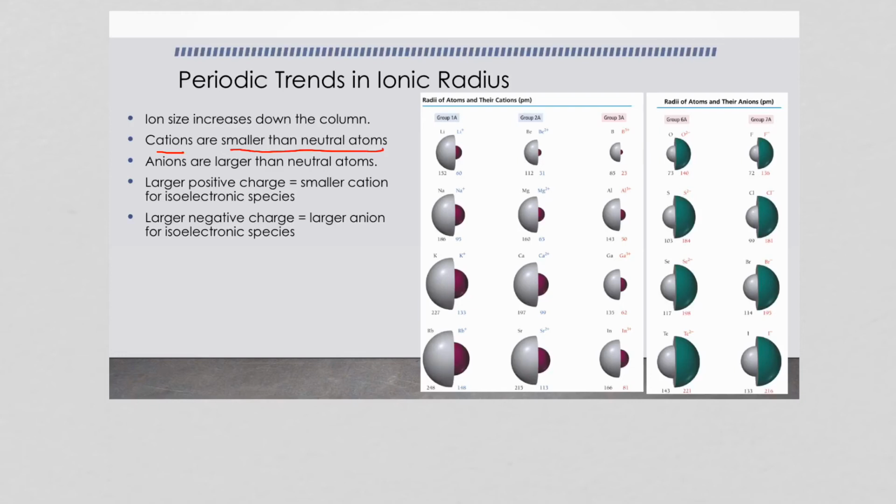Now, one thing you might say about the anions, the negative ions, is that you're adding to the same level, right? If you go from O to O2 minus, you're just adding more electrons into that 2p. Why is it bigger? Well, it's not like moving across like you do in our size trend, because you're not adding any more protons. So you're keeping the Z the same, but you're adding more electrons.